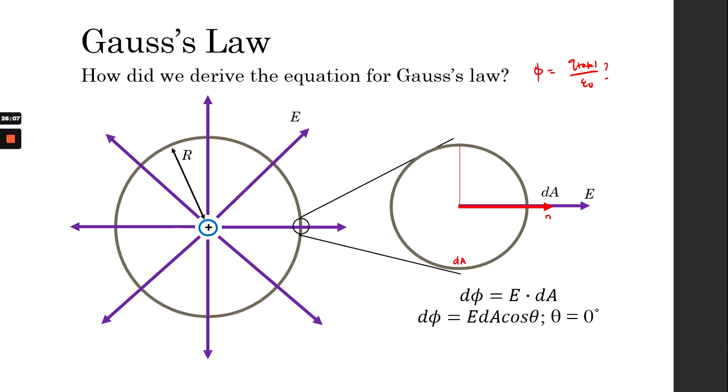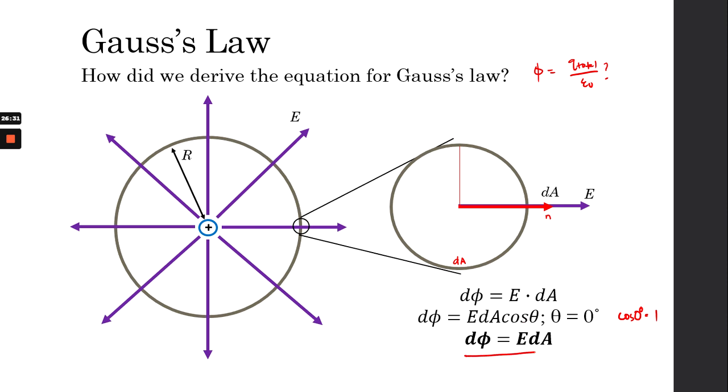So theta will always be 0 degrees. So what's left is E multiplied by the differential of the area, because cosine 0 degrees is equal to 1. So EdA multiplied by 1 is just EdA.